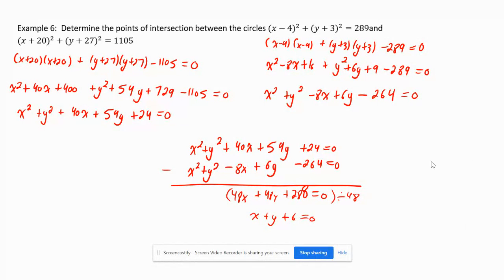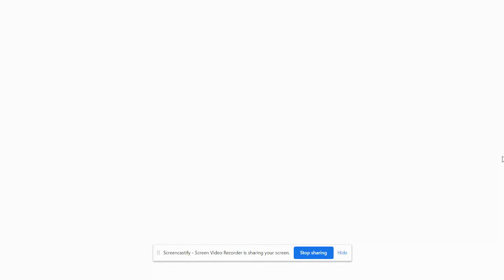All right, so let's continue this on the next page here, guys. I have the equation x plus y plus 6 equals 0. I'm going to use one of my circles. I'm just going to use the smaller number circle here, guys. I think it's easier.